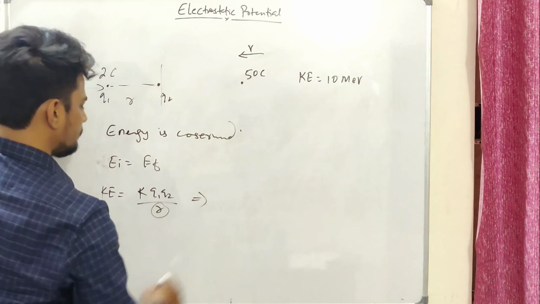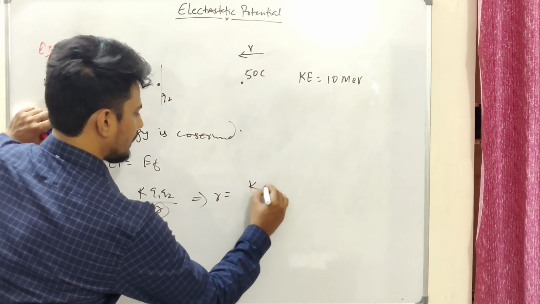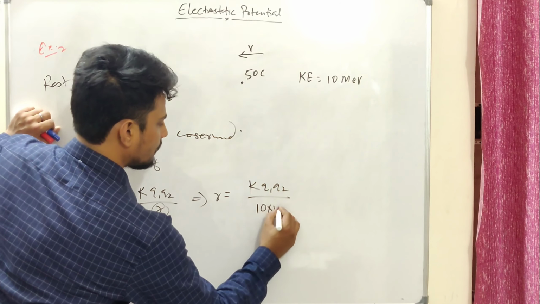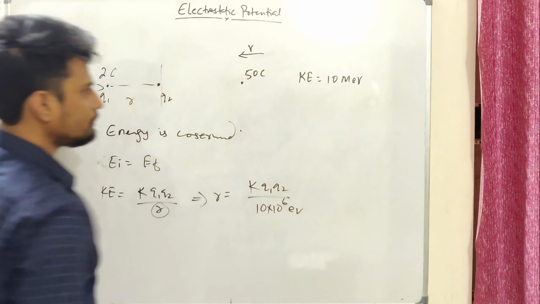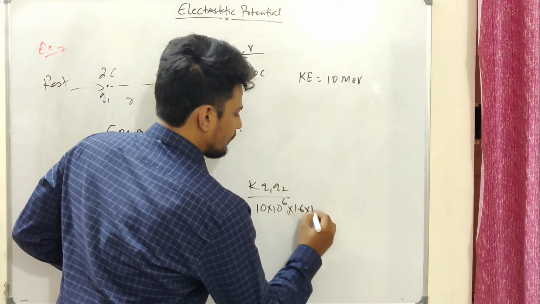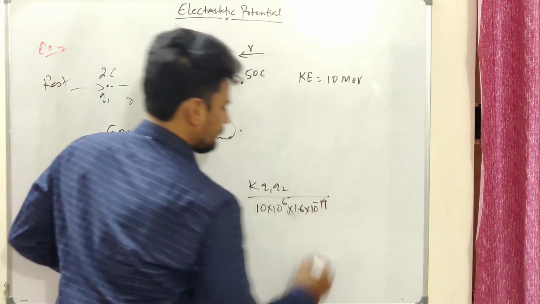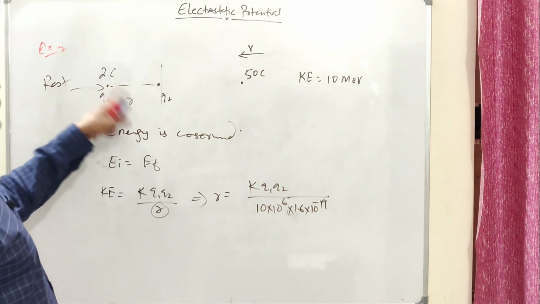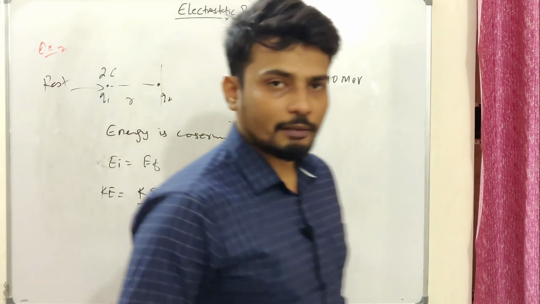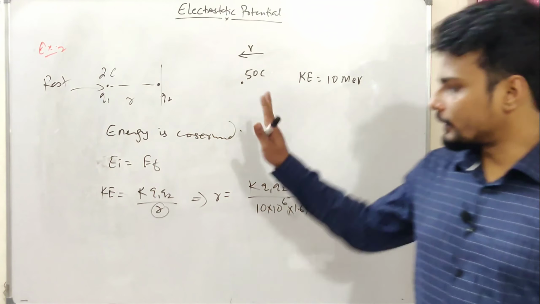So r should be equals to k q1 q2 by this kinetic energy, which is 10 to the power of 6 electron volt. Fair enough. Electron volt is nothing but 1.6 times 10 to the power of minus 19 joule. Now put the values of these charges and solve it. That's going to be the minimum distance of approach of these two charges.